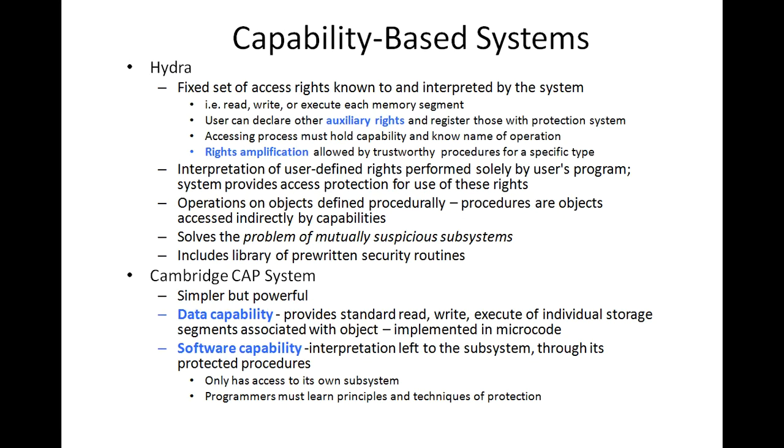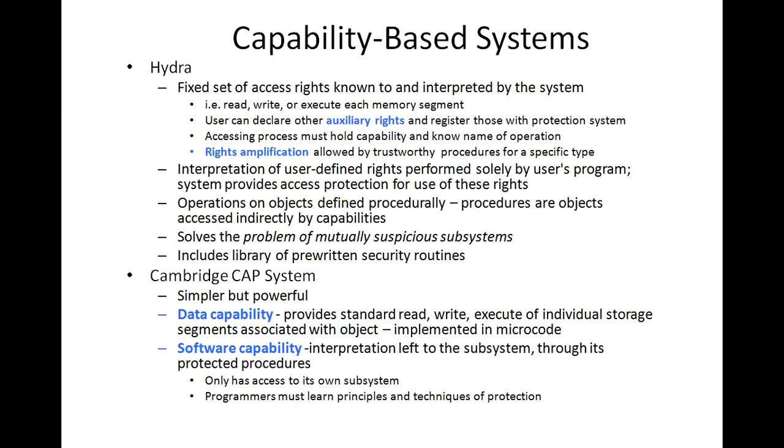Now let us see what are the capability based systems. Some of the examples we can discuss for capability based systems. First one is Hydra. It has a fixed set of access rights interpreted by the system, that is read, write, execute on each memory segment.